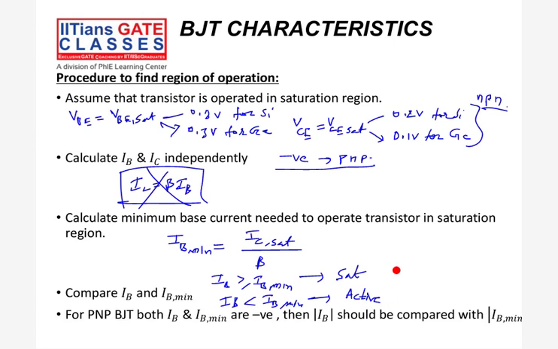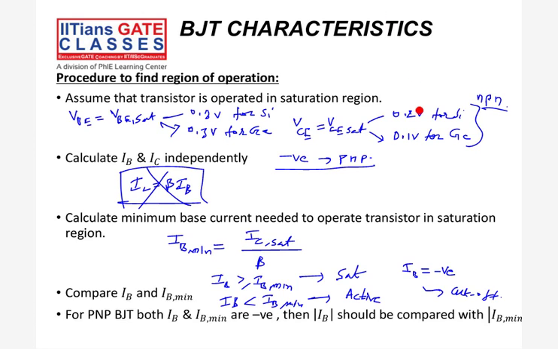And third, if IB comes out negative, then the transistor will be in cutoff. With these three comparisons we can understand in which region it is operating.